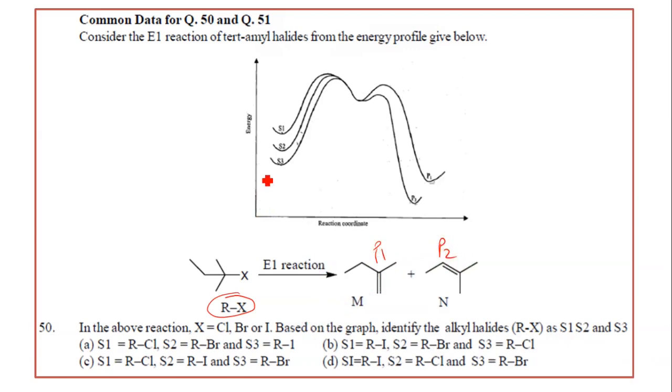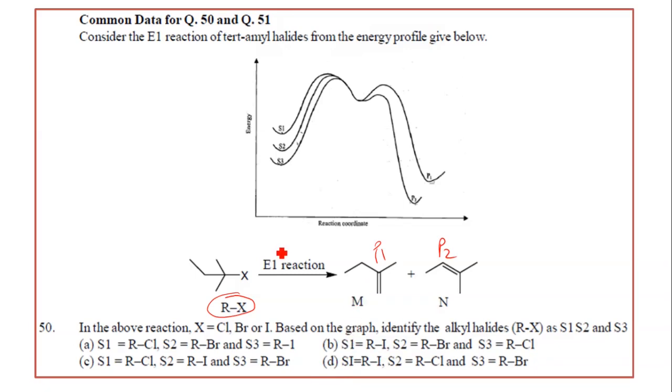The energy profile was given. S1 will be RCl, S2 RBr, S3 RI. The four options were given. So what is the correct answer?